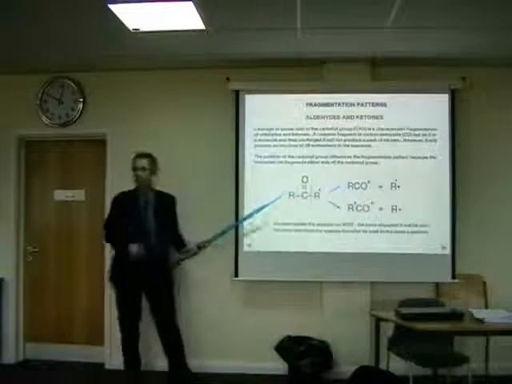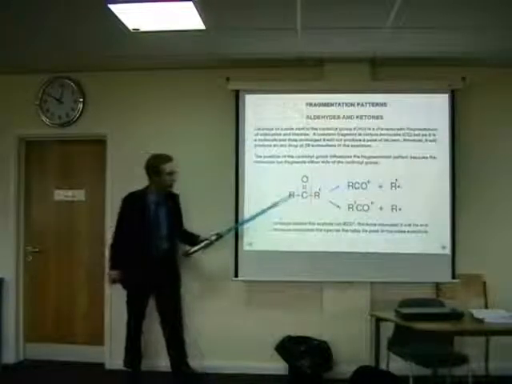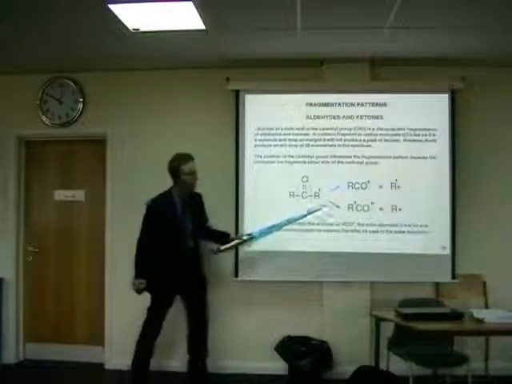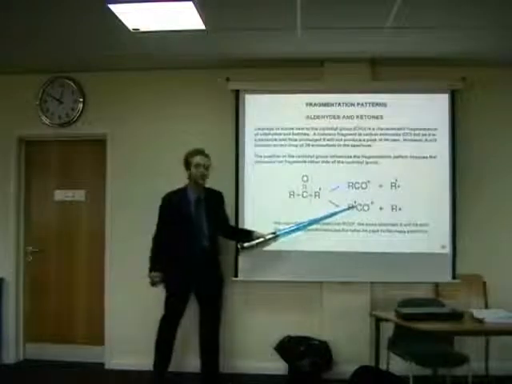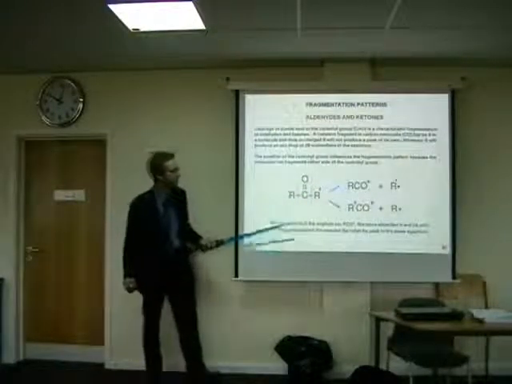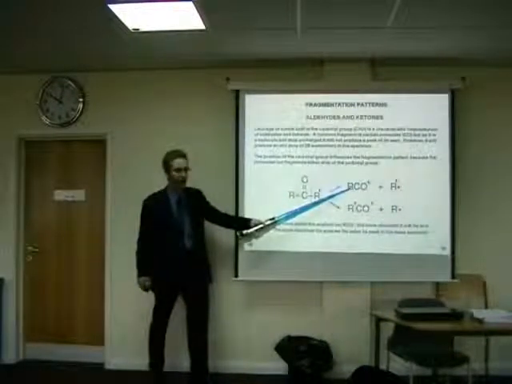R just means the rest of the molecule, and to distinguish between two different rests of the molecule, we use R and R dash. If you break along the blue line, you get that fragment. If you break along the red line, then the R, the C, and the O are together and you get that fragment.